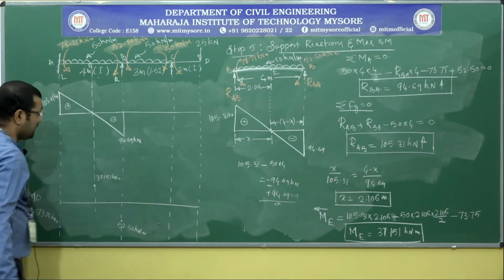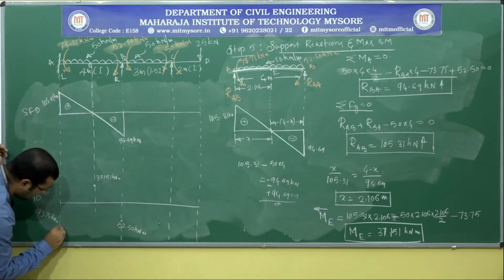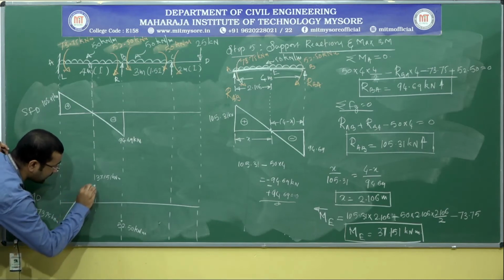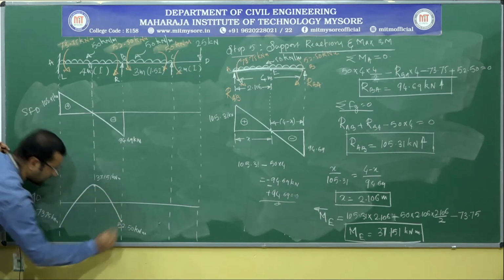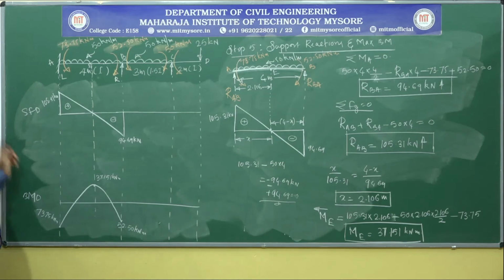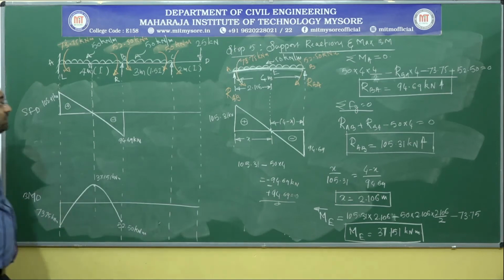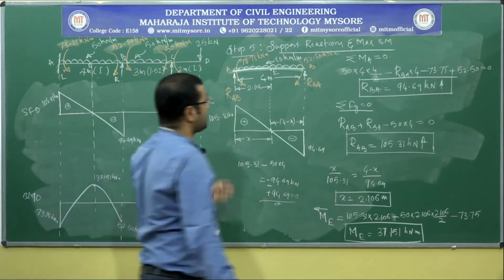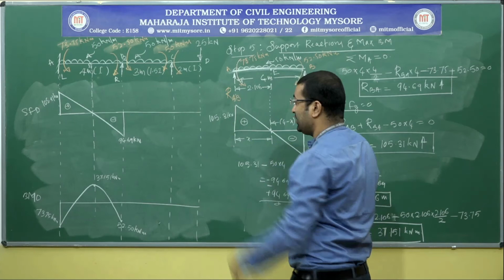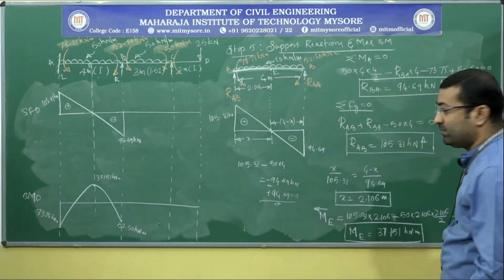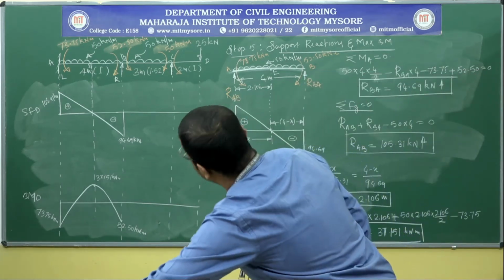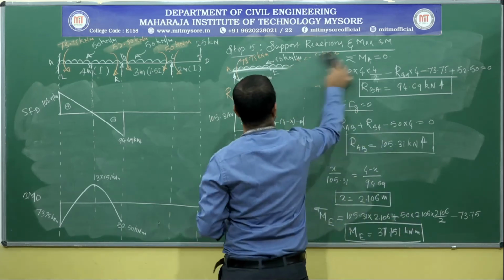Because of the UDL, the variation in the bending moment diagram will be parabolic in nature. So this is the bending moment diagram for the span AB. Similarly, we need to do the same calculations for the span BC and continue with the shear force and bending moment diagram.